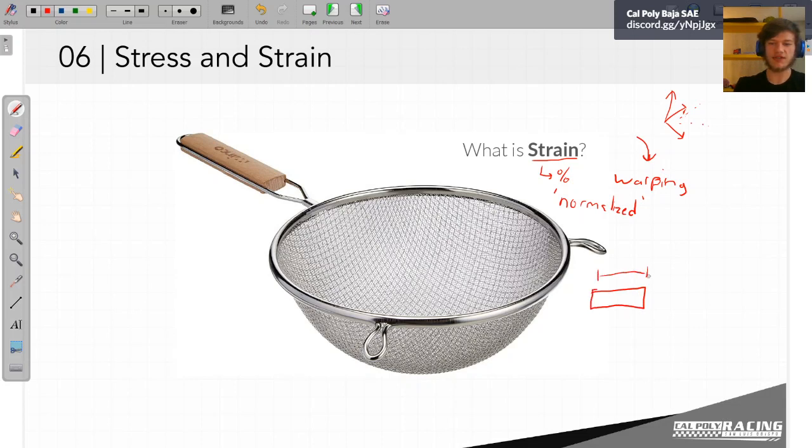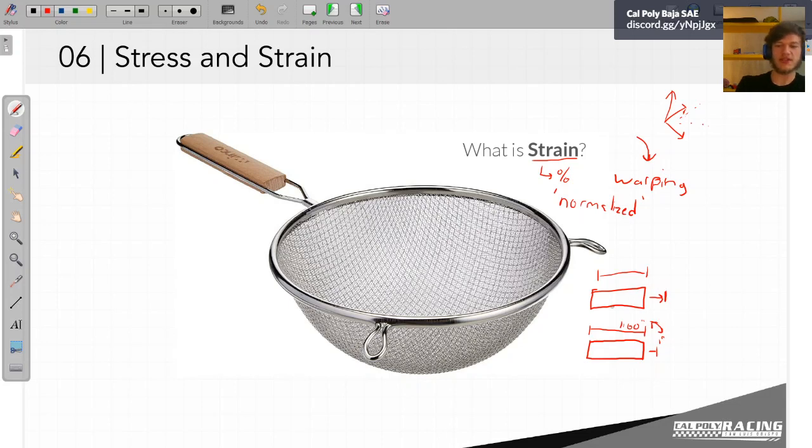Normalized just means that if I have a bridge that's a mile across and it displaces a foot, that's about the same thing as, let's say it's 100 feet across and it displaces a foot. That's the same amount of strain as a pole that's 100 inches long and gets displaced 1 inch. So your ratio is what we care about here.